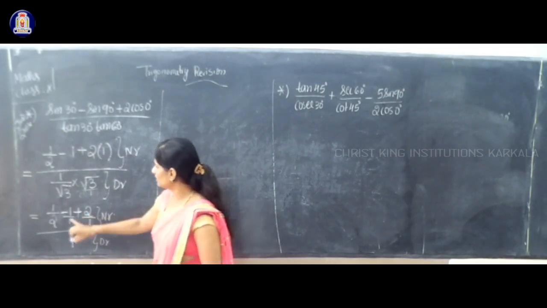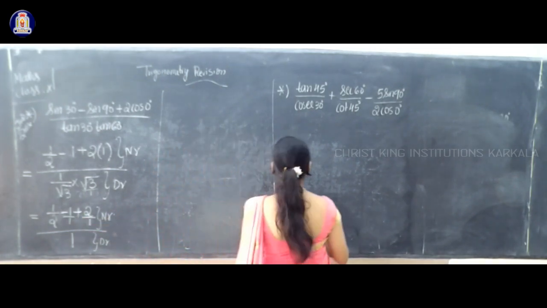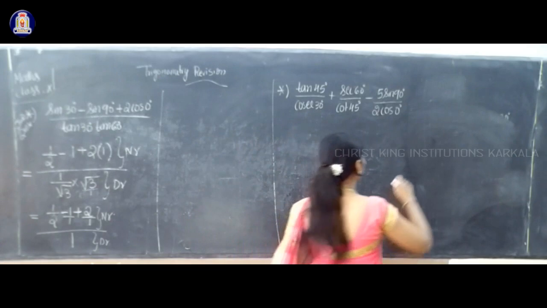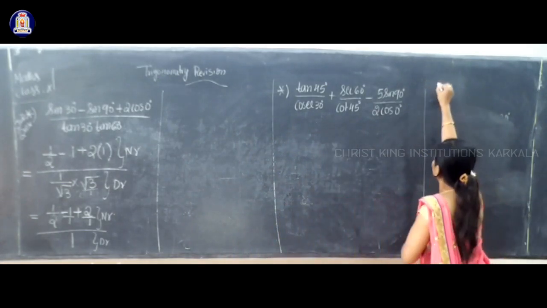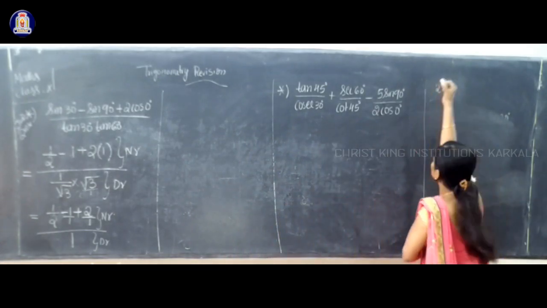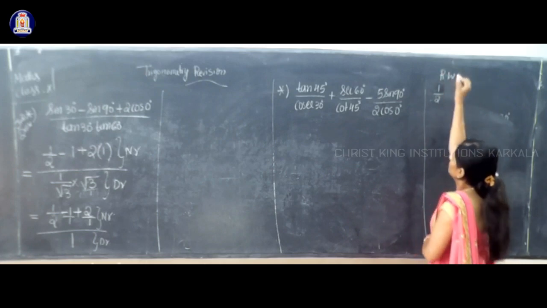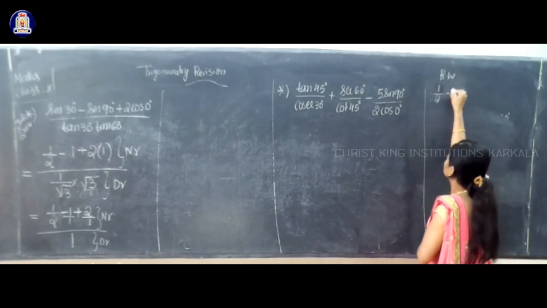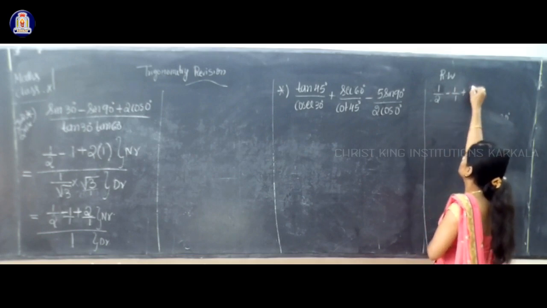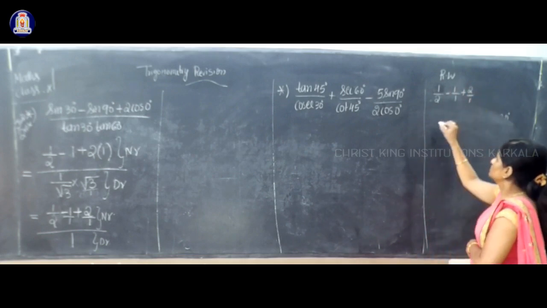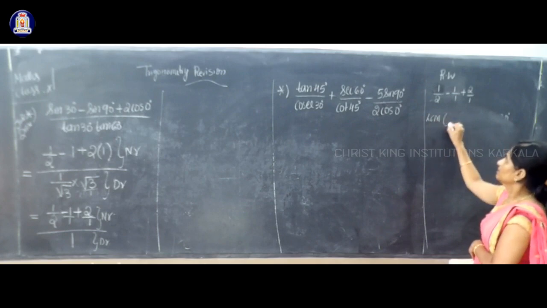Now how to simplify the numerator? Numerator simplification: it is 1 divided by 2 minus 1 divided by 1 plus 2 divided by 1. Now how to simplify with LCM?